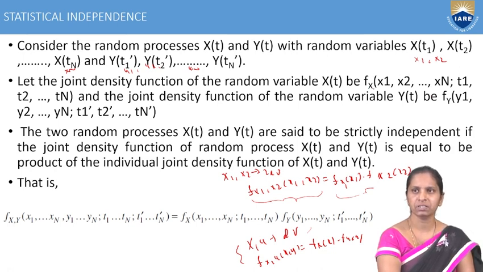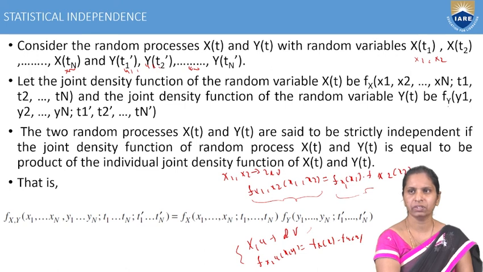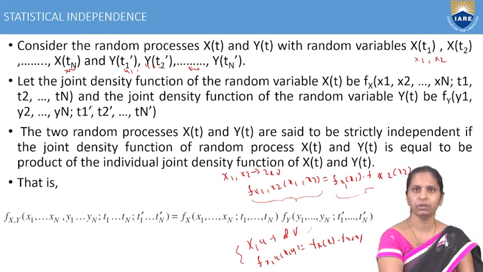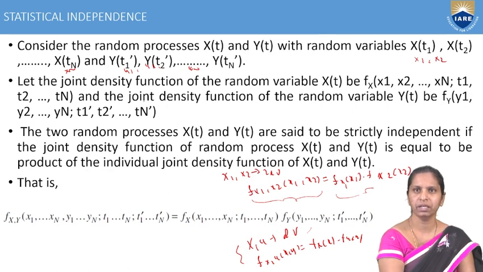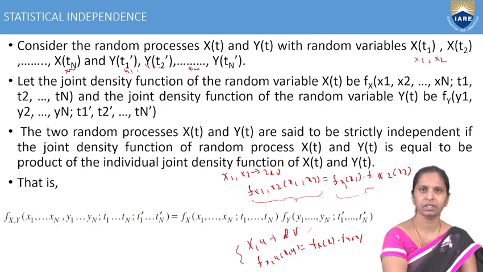If I fix the random process at t equals t2, I am getting x2 and so on. Similarly, for the random process y of t, the joint density function is fy of y1, y2 and so on, yn. How do you get y1? If I fix the random process y of t at t equals t1 dash, I am getting y1. And how do you get the random variable y2? If I fix the random process y of t at t equals t2 dash, I am getting the random variable y2.